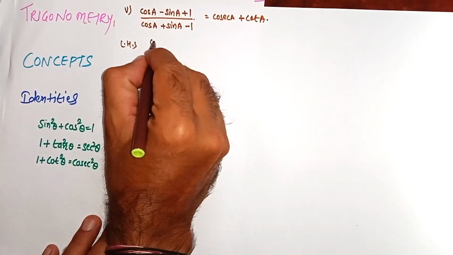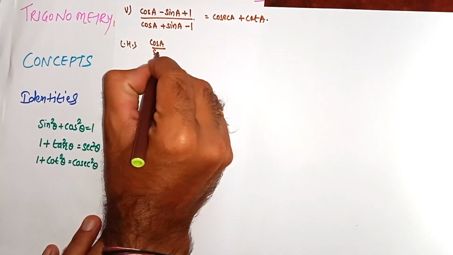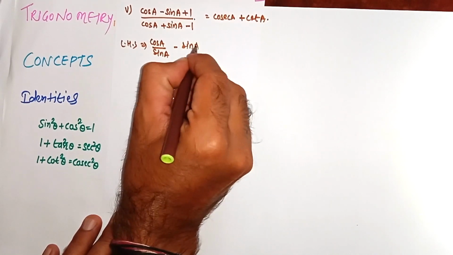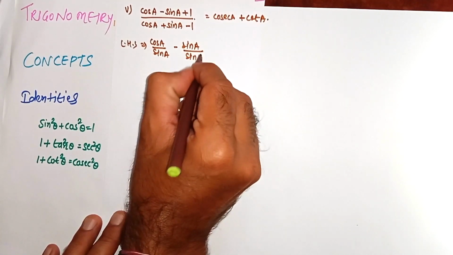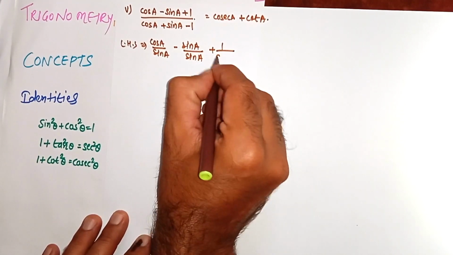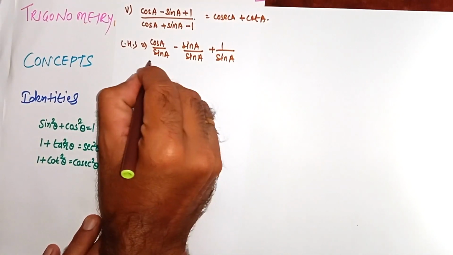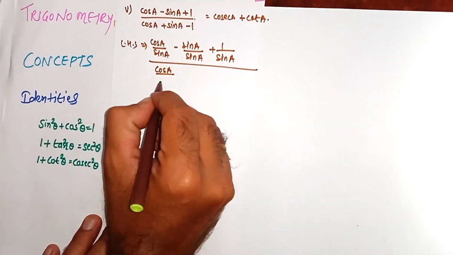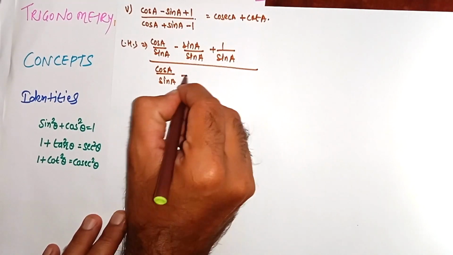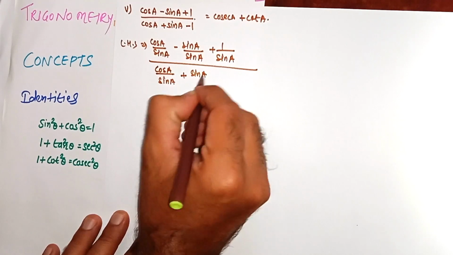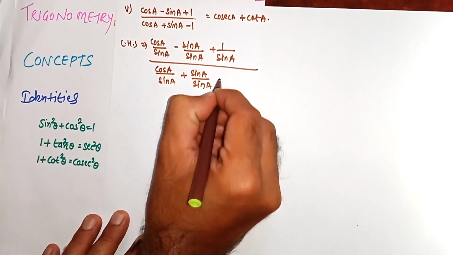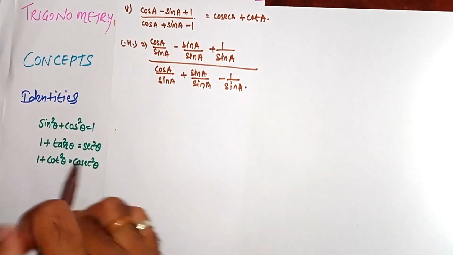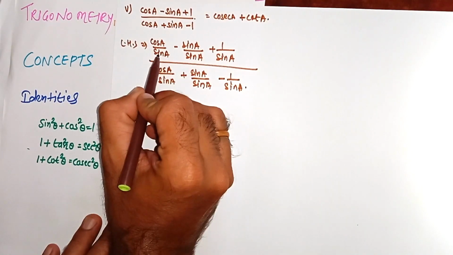So let's start. Cos A over sin A minus sin A over sin A plus 1 over sin A. This is the numerator, and for the denominator, cos A over sin A plus sin A over sin A minus 1 over sin A. So what is cos over sin?